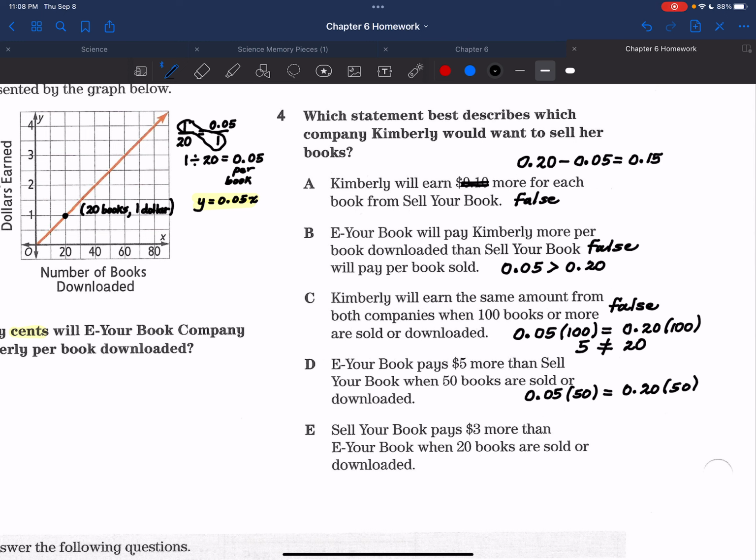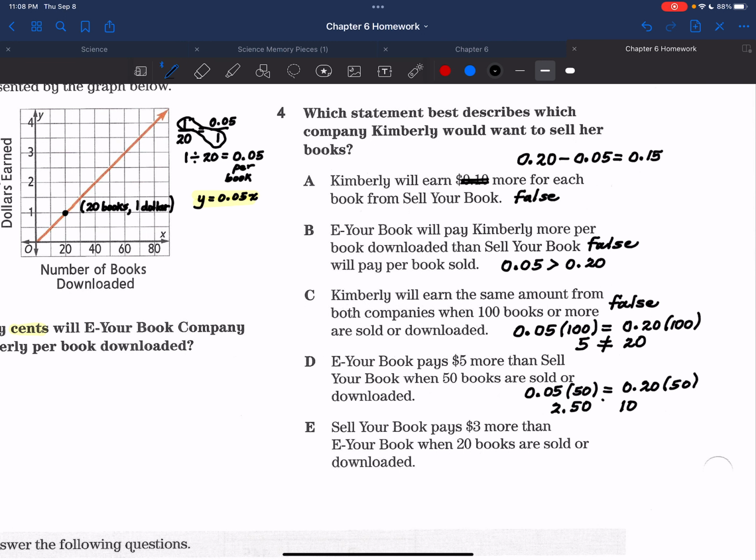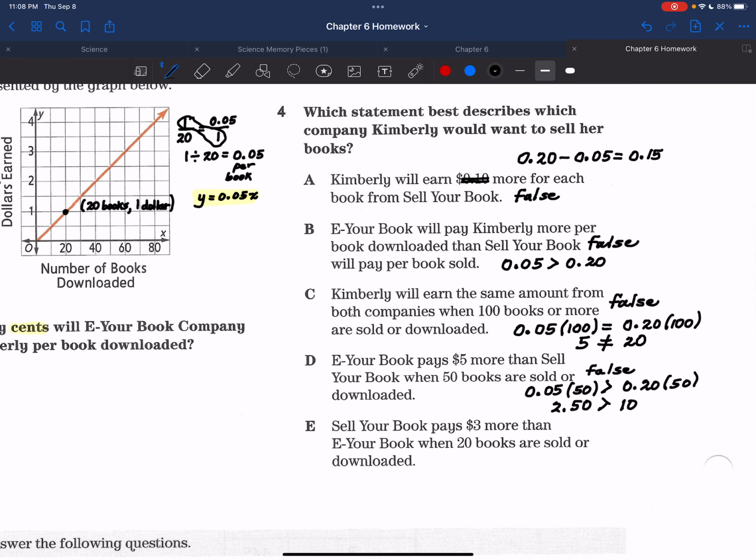So 50 times a nickel is $2.50. 20 cents times 50 is $10. That is not more. That's not a true statement. Let's just say it that way. And I don't really need to have an equal sign right there because we weren't testing equality. We were testing that this is more than.